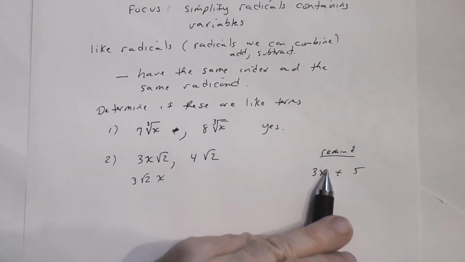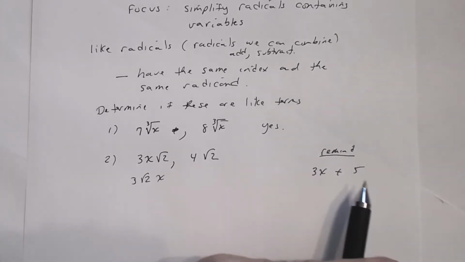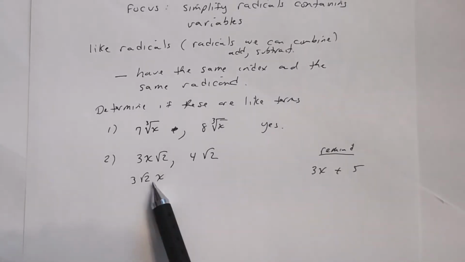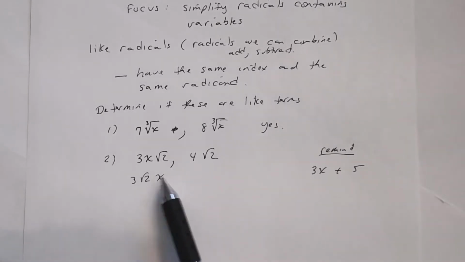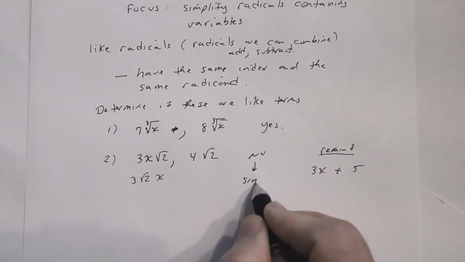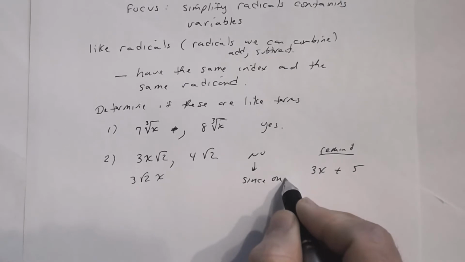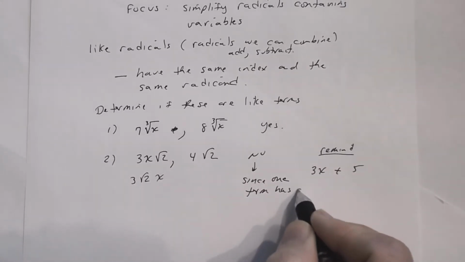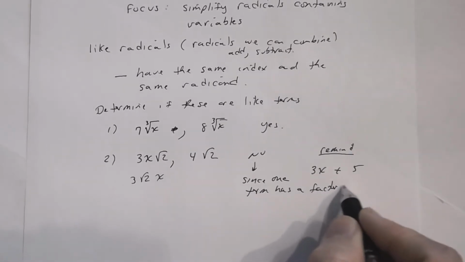But this is not a 3, that's a 3x. So that term is different than that term. These are not like terms because of this factor of x. So the answer is no, since one term has a factor of x and the other does not.